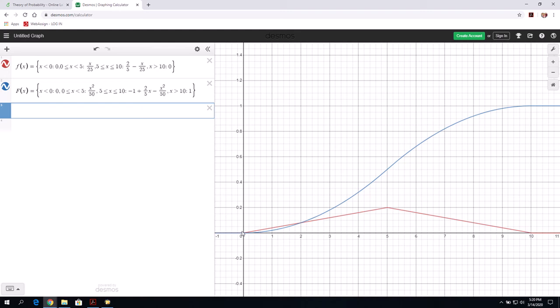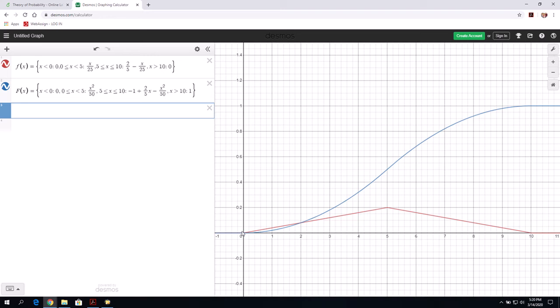Because what would that mean? If the CDF ever jumped at a point, that means the probability of being equal to that point is positive, which never happens for a continuous random variable. So for a continuous random variable, the CDF is continuous. It's a continuous function if you sketch it.